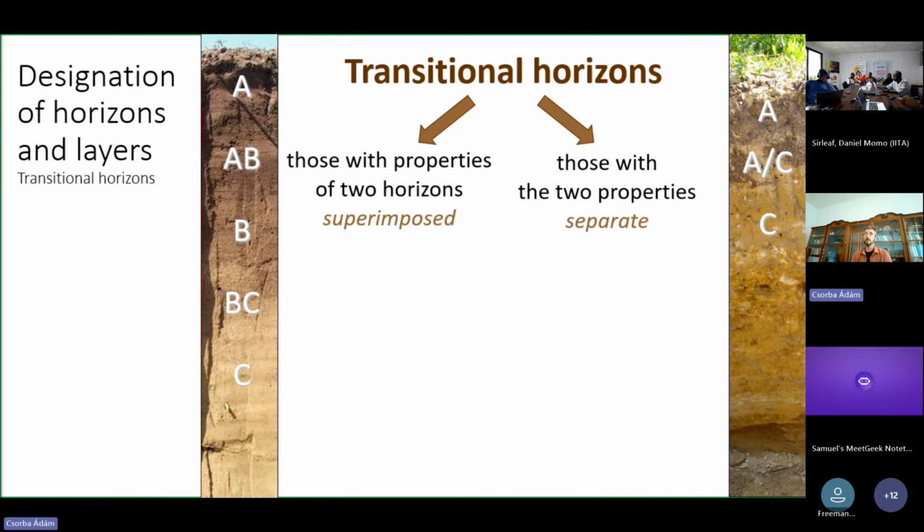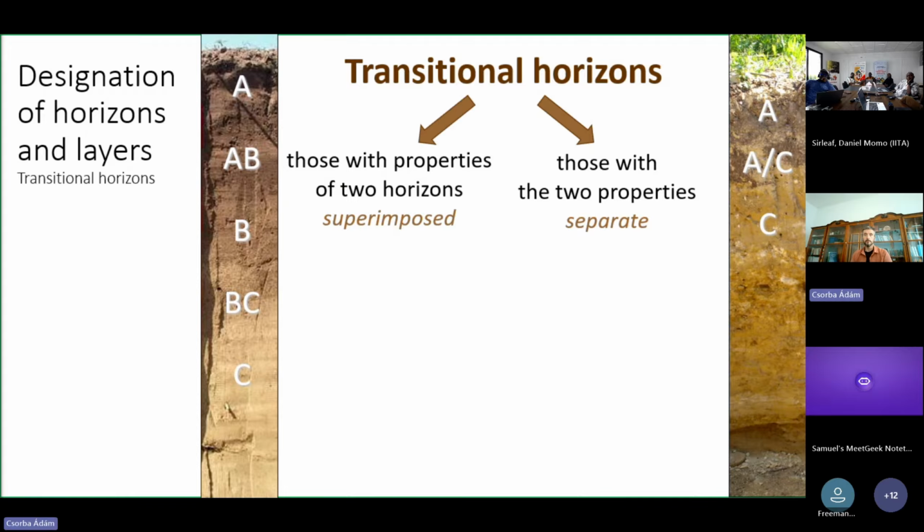A transitional horizon is a horizon that shows characteristics of two master horizons. For example, a transitional horizon called AB shows the characteristics of an A horizon and a B horizon. That is why we call it an AB.